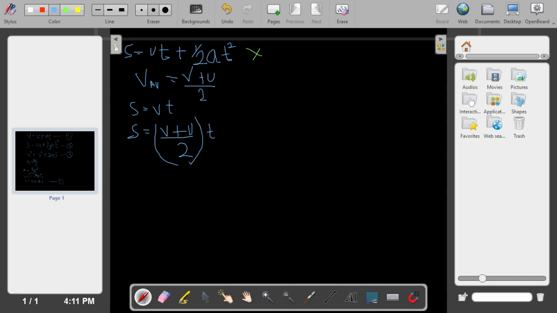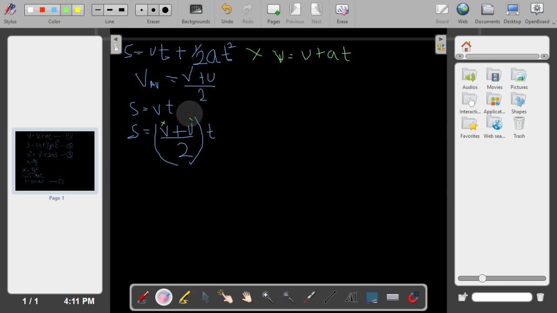So I'm progressing. The next thing I'll do is, if you recall, our first equation of motion states that v equals u plus at. If I substitute this v in place of the v here, that makes it so easy.